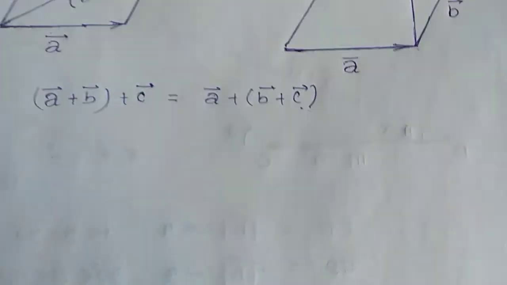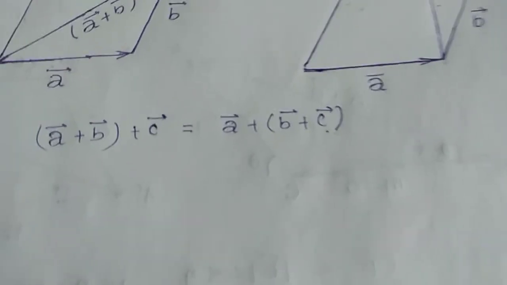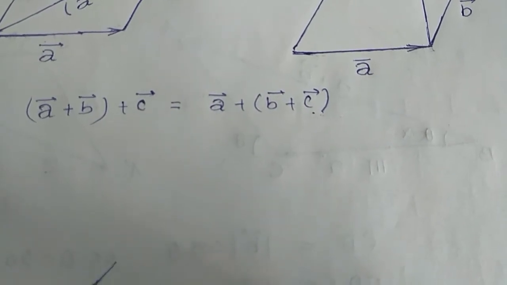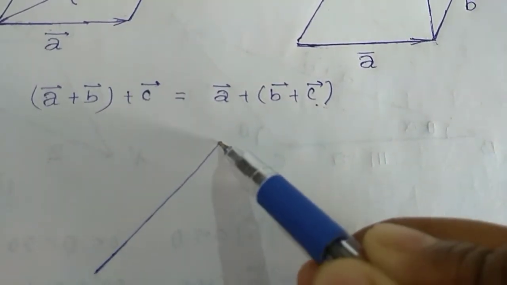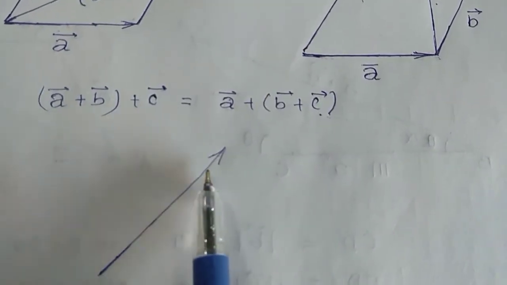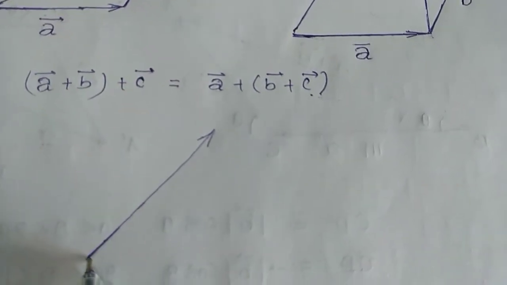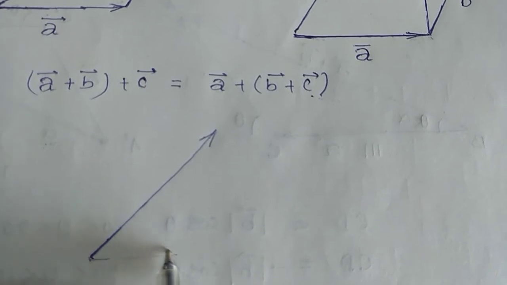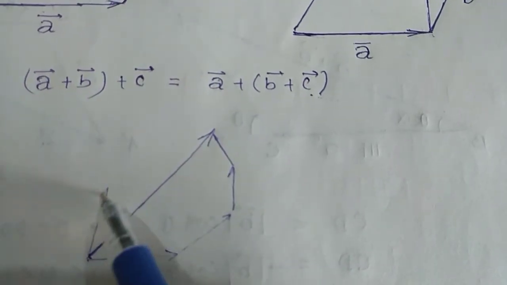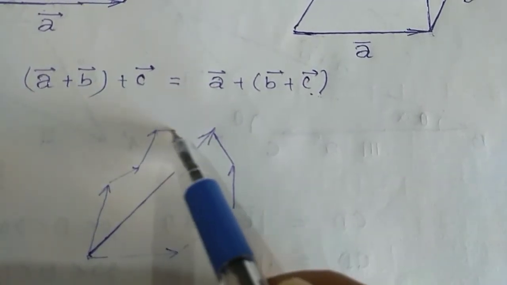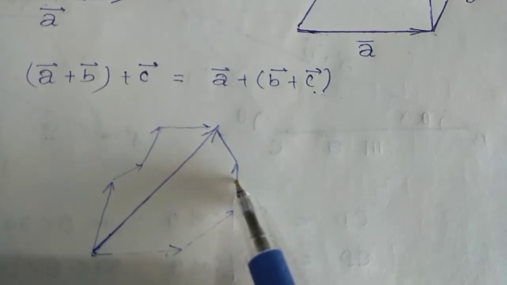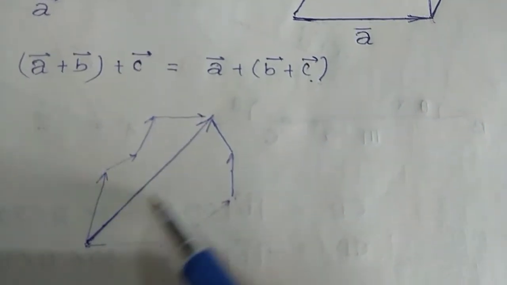Here we remind you and focus that if a vector is the resultant of maybe any vectors like this, or this, so these vectors, after adding, give us this vector.